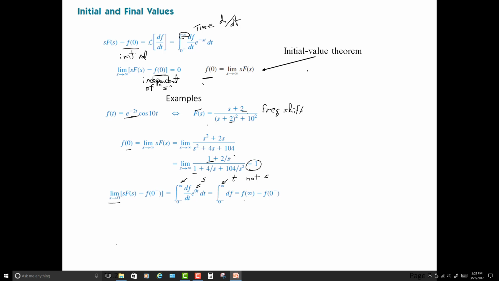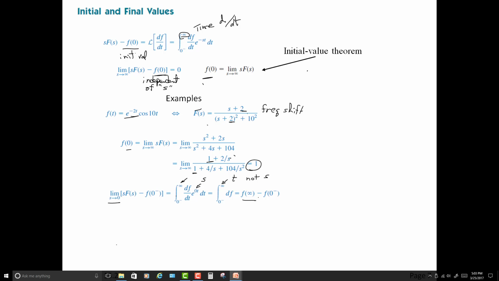And so here is that, and it's equal to the function at infinity because e to the 0t is 1. So it's going to be df dt times dt. So it's going to be the integral of df between the bounds of 0 minus and infinity. And so that's going to be the function evaluated at infinity minus the function evaluated at 0.